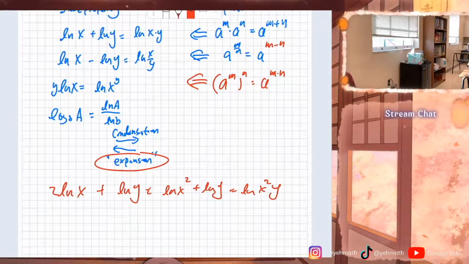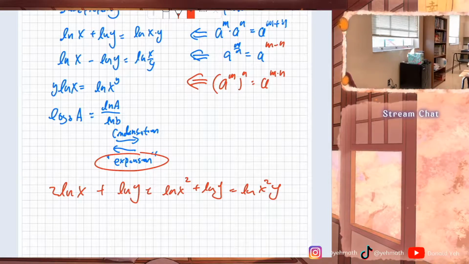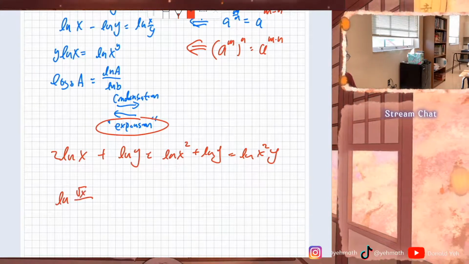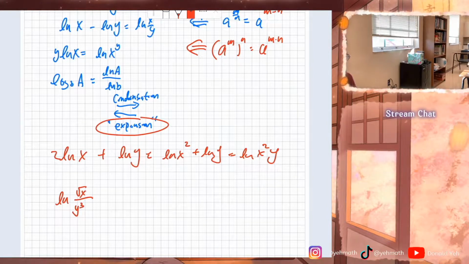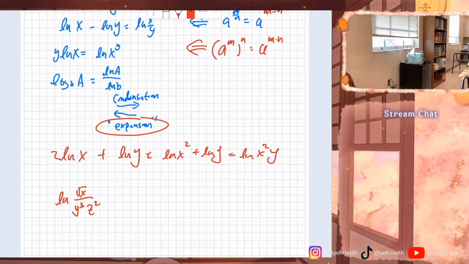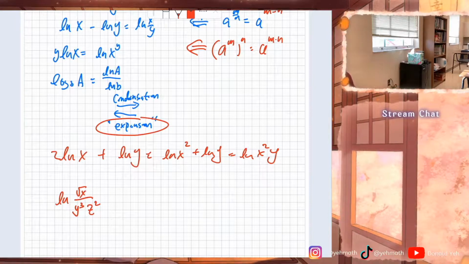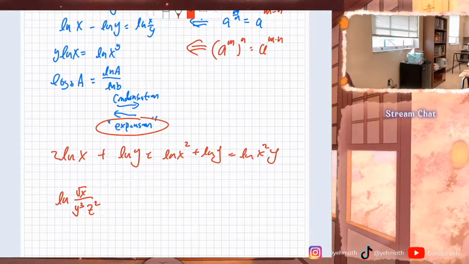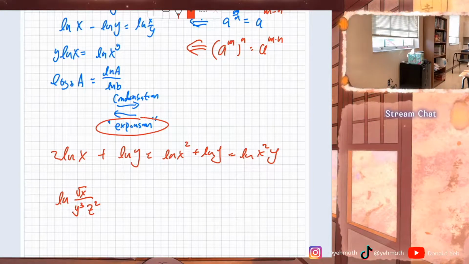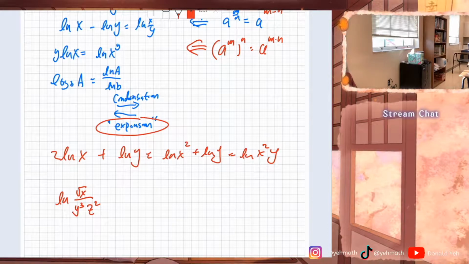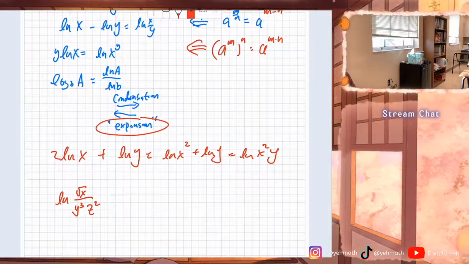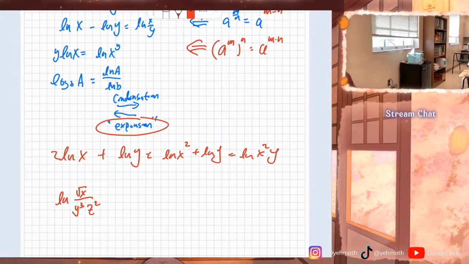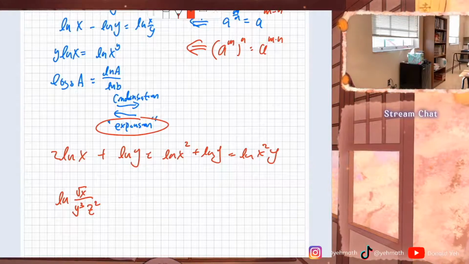So this is called a condensation. Can I do an expansion? Can I expand this into as many logarithms as possible? It has z to the square, if I write a line in the middle, it's going to be z, y to the third, and x to the square root.